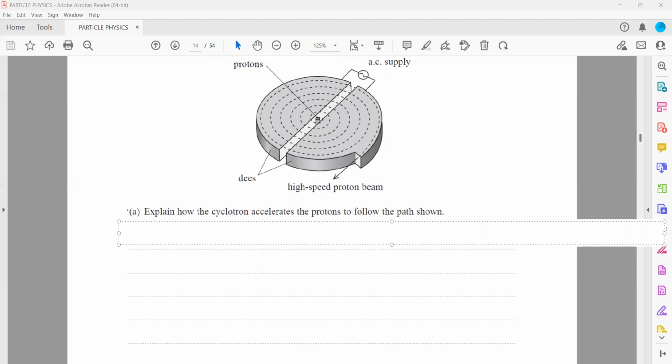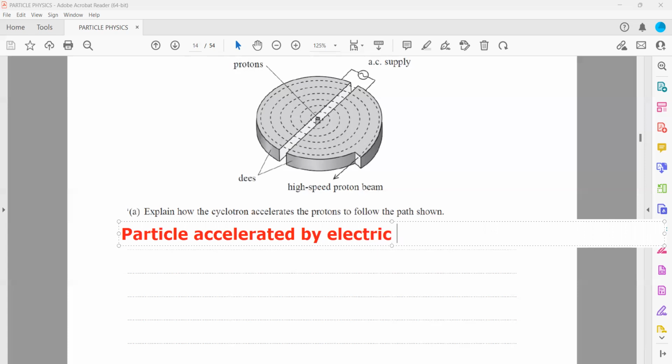Here we are accelerating a proton, so we'll use proton instead of particle. But in the general answer, you'll mention the particle is accelerated by an electric field between the D's.